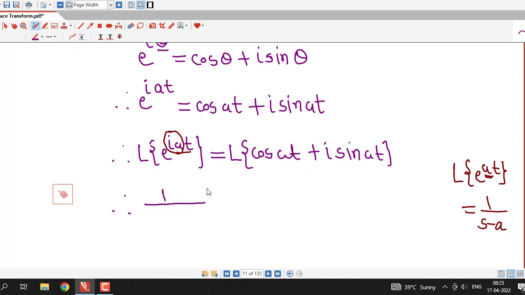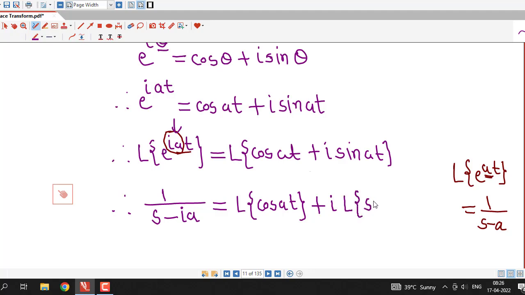Laplace transform of e raised to iat is 1 divided by s minus the coefficient of t, which is i into a. And here we apply the linearity property of Laplace transform. So Laplace transform of cos at plus i sin at equals Laplace transform of cos at plus i times Laplace transform of sin at.